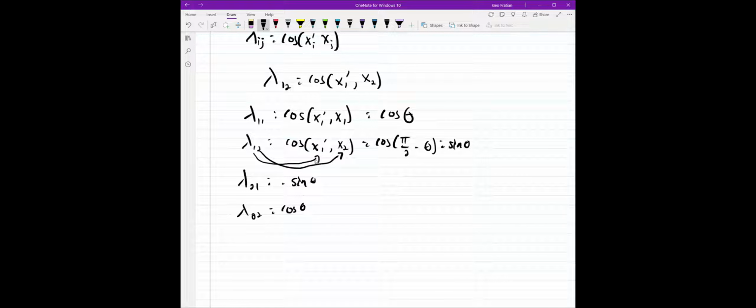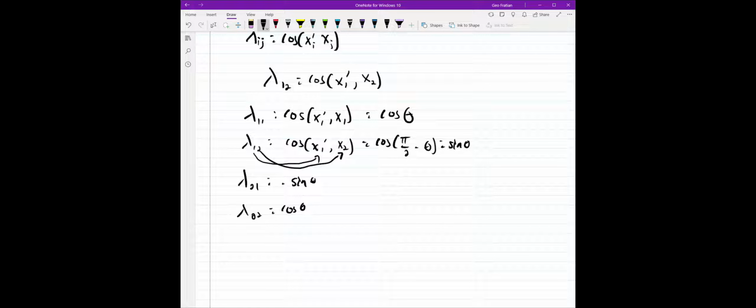So we just defined basically 4 different functions that tell us how our system will transform if we move from the non-prime coordinate axis to the prime axis.